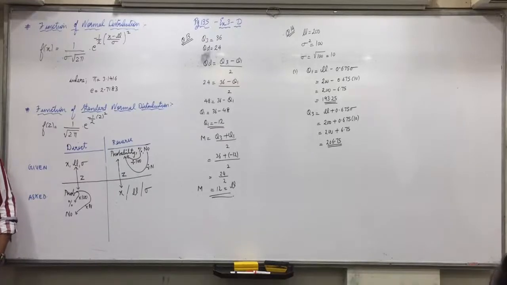Any confusion in this? It's a very simple question, so why waste time for the next lecture? Write down. Thus, the values of extreme quartiles are 193.25 and 206.75.